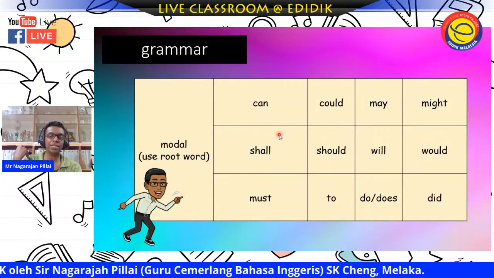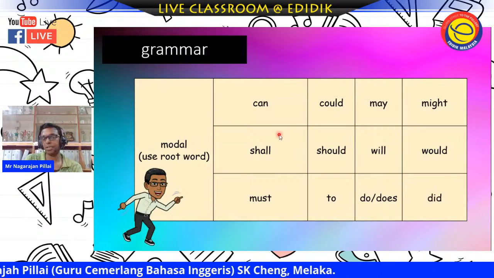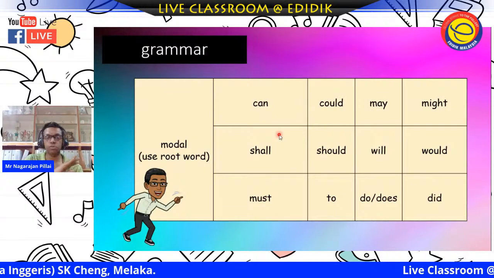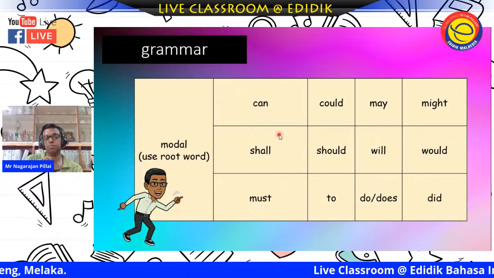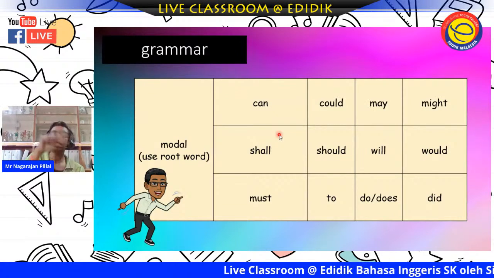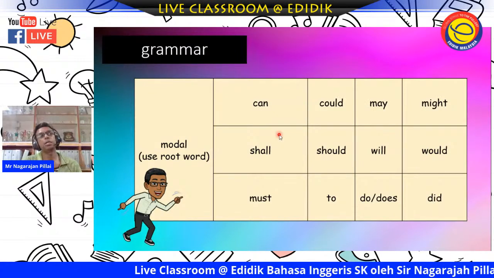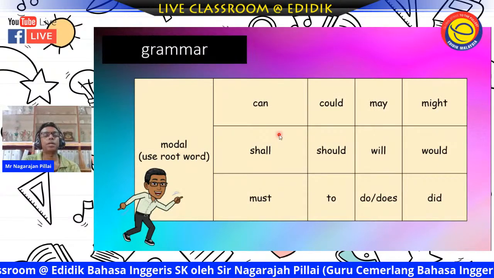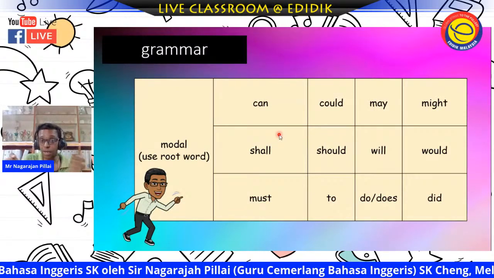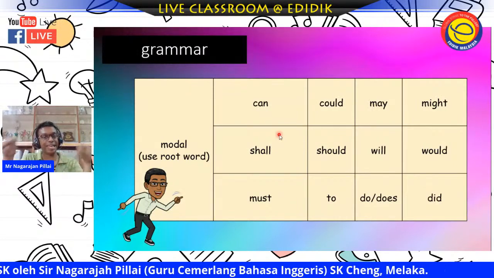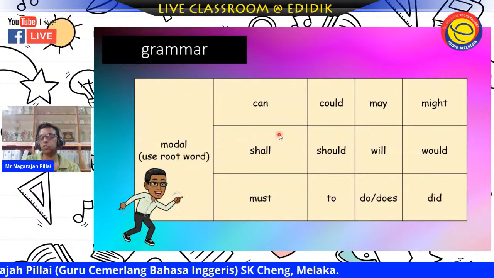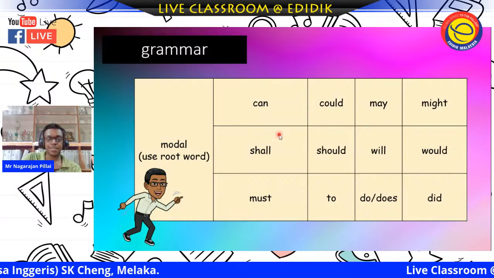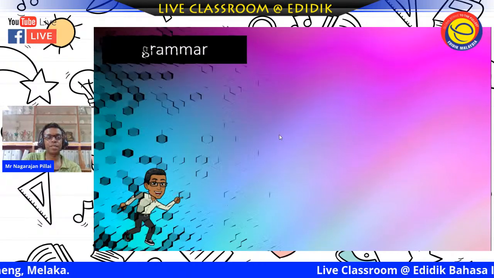Sir, Ali is a singular subject. Yes, but when you use the word can, you don't add s to the verb. So Ali can sing. Jamal can dance. Rahul can drive. Jennifer can cook. So you don't change the verb.